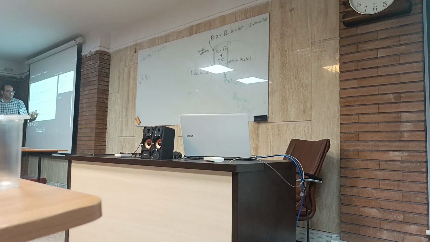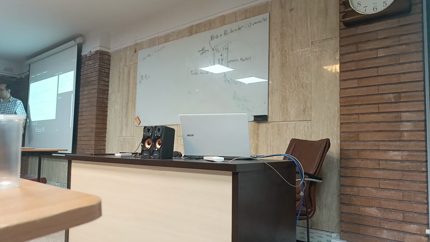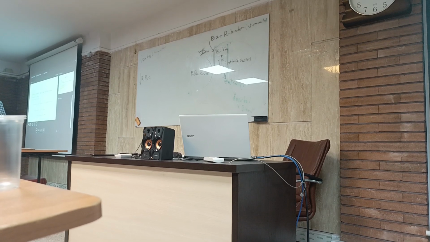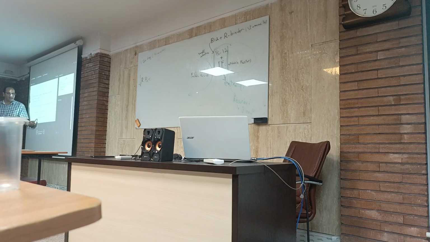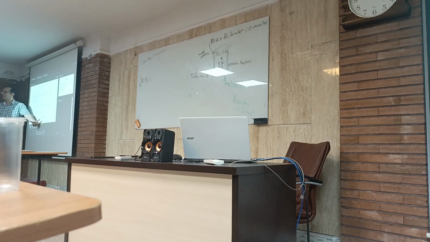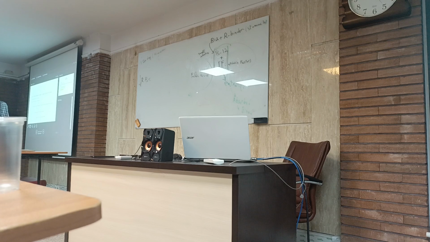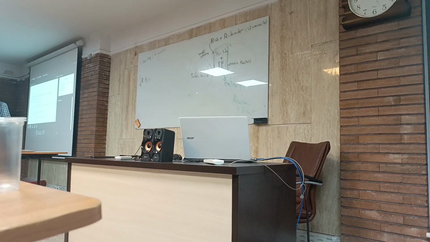Then we have an increase in blood return to the heart. And if we have an increase in blood return, we have an increase in cardiac output. So what is the effect of anemia on cardiac output? Increase.